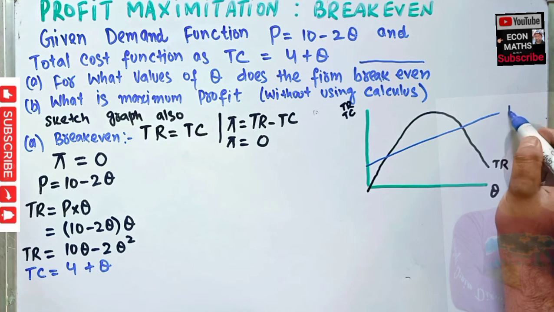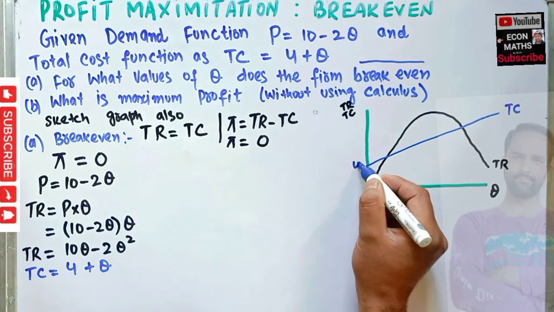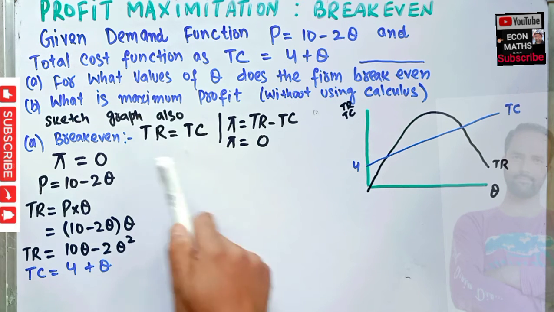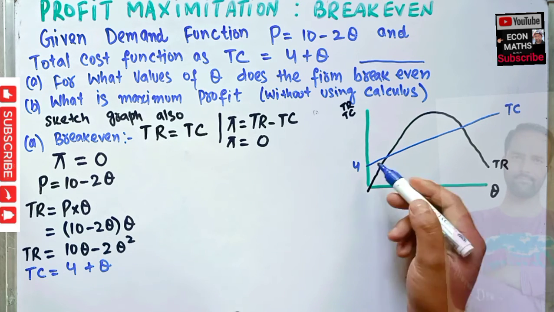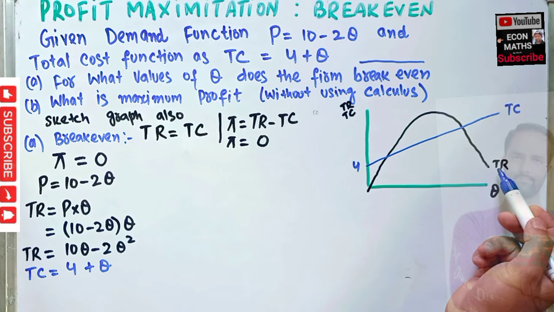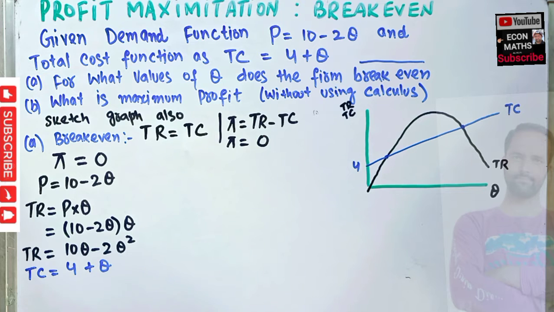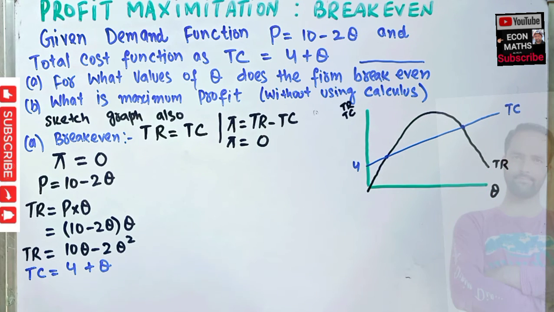This is total revenue function, this is total cost function. As I have told, at break even, total revenue is equal to total cost. On this graph you can see the total cost function intersects the total revenue function at 2 points, at this point and this point. At those 2 points our total revenue is exactly equal to total cost.